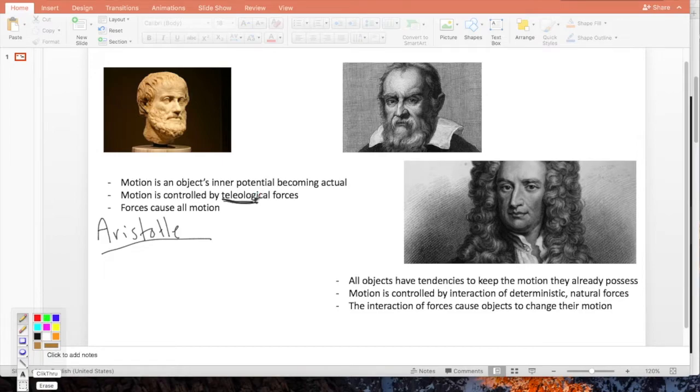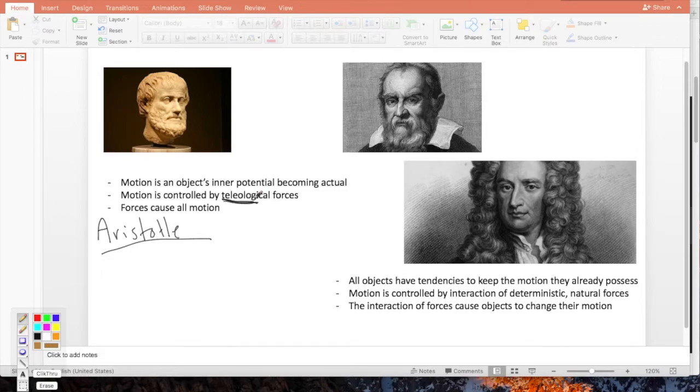If the earth is the heaviest thing there is, then of course stones and balls and trees that you're chopping down, all of these heavy things, are also going to fall to the earth. It's their natural goal. It's where they fit in nature.